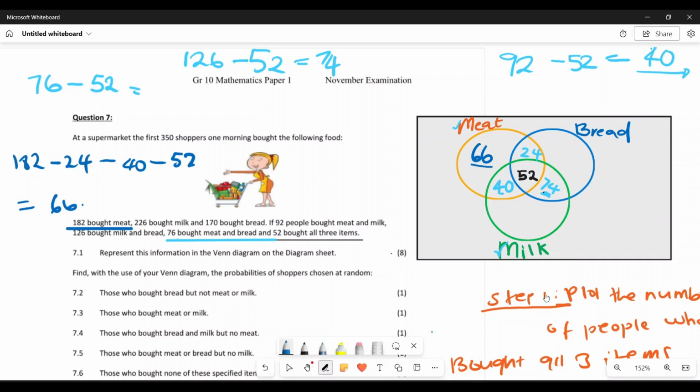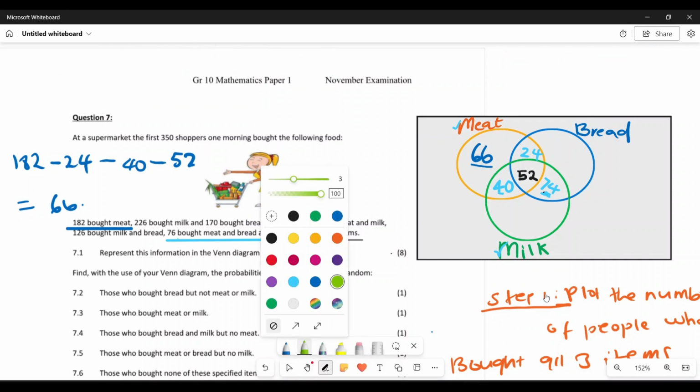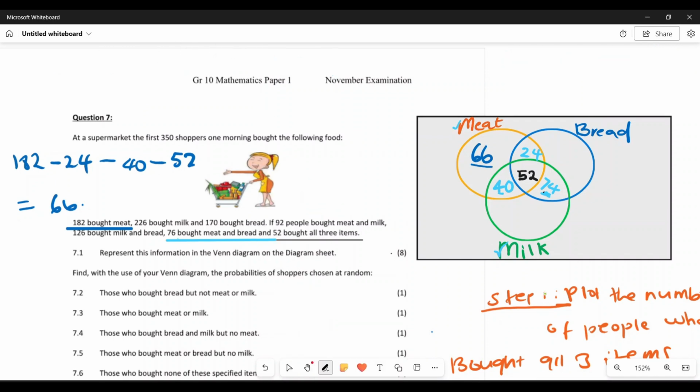Now you're going to do the same for every other circle. Let's do milk. Here we're told that 226 people bought milk. To find the total number of people who bought milk only, I'm going to say 226 minus the 52, which is for all three, minus the 74, which is the number of people who bought milk and bread, minus the 40, which is the total number of people who bought meat and milk. Punching that into my calculator, I get the number of people who bought milk only.